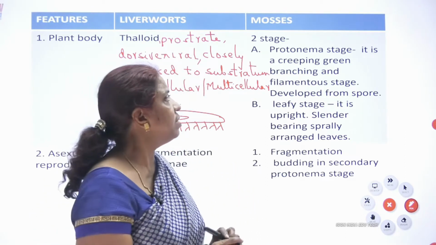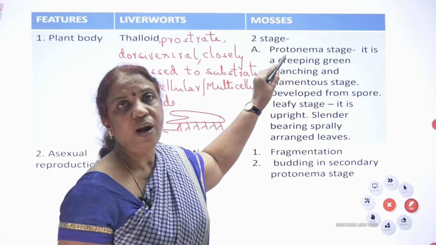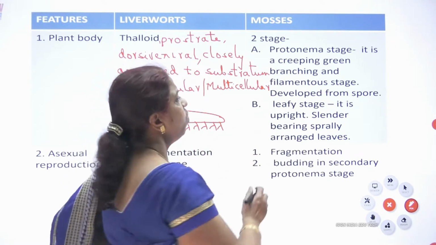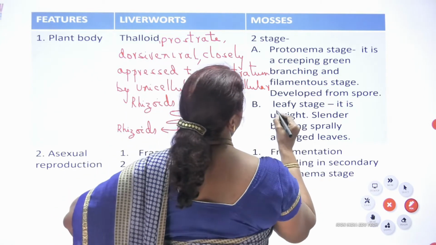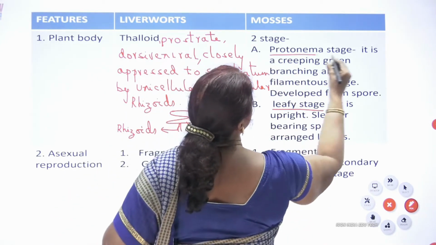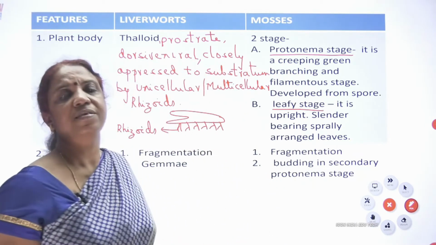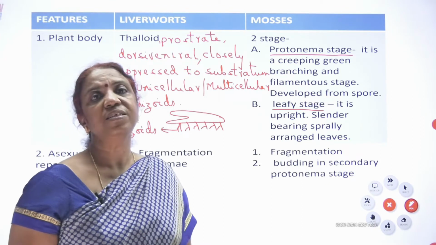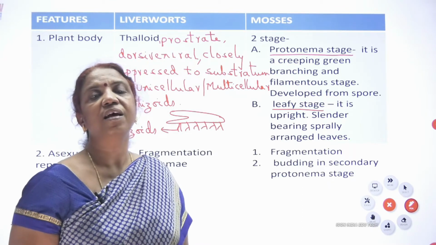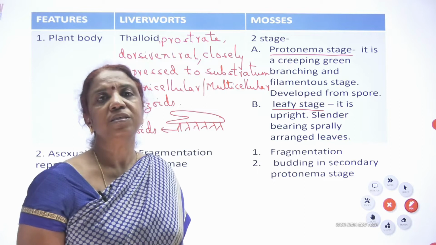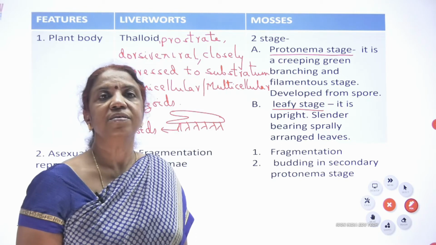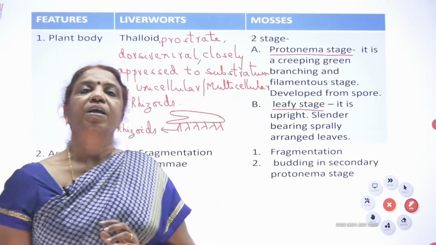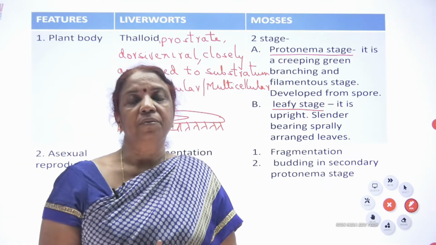The young stage is called the protonema stage, and the adult stage is called the gametophore, also called the leafy stage. The protonema is always creeping, green in color, filamentous and multicellular.